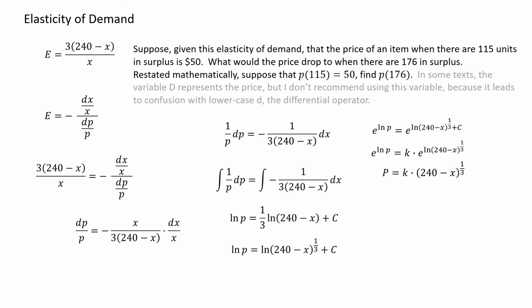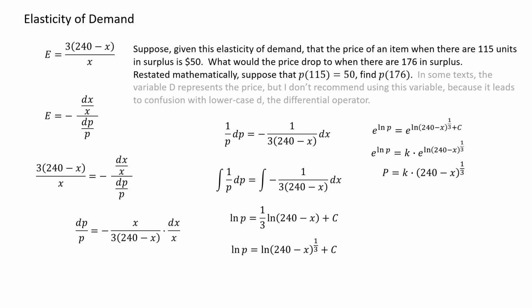If this is algebra that you're not super familiar with from pre-calculus and above, then not much I can say here at this point about it, but it is stuff from your past. But the important thing to notice here is that I've solved for the price as a function of the amount of surplus. But I have a constant k here, which originally came from my plus c. And in order to fully find the price as a function of surplus, I have to know what k is.